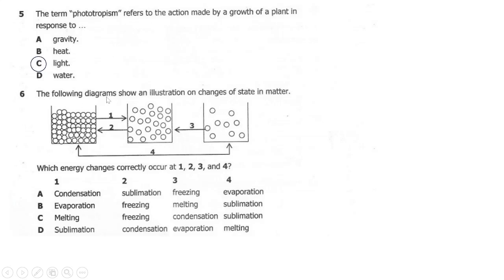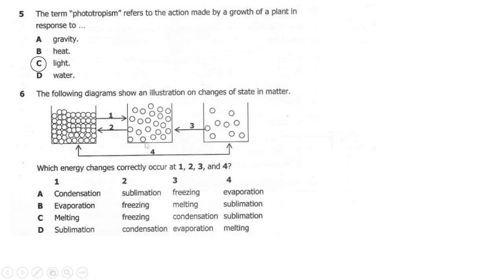6, the following diagrams show an illustration on changes of state in matter. So we have this state here where the particles are held together or close to each other. So this should be solid.